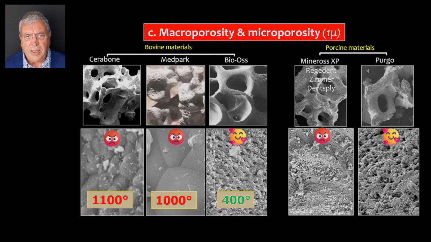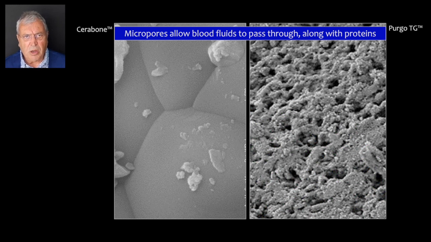Because of the heating temperature. When we heat too much, the micropores disappear. And we must be focused on this, because the micropores allow the fluid from the blood to pass through, and that's when they will bring the proteins from the blood. And if we don't have micropores, the behavior will not be very good.